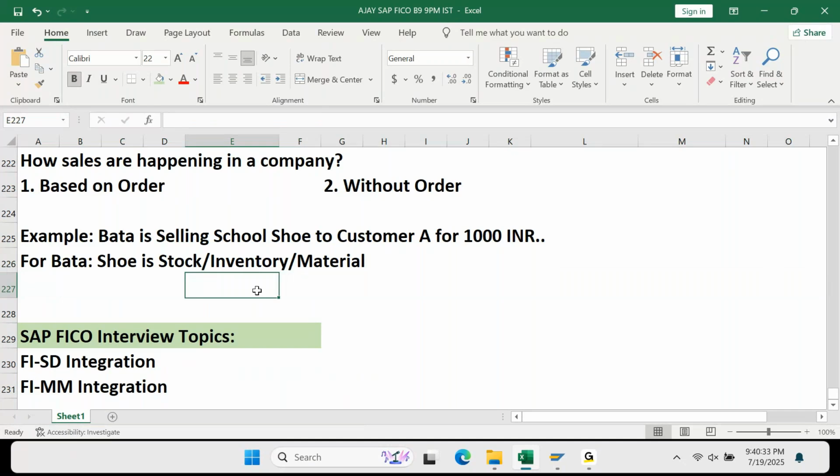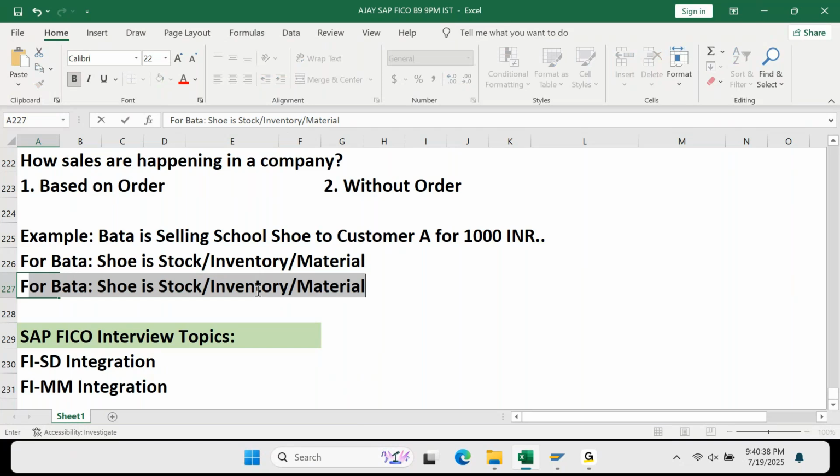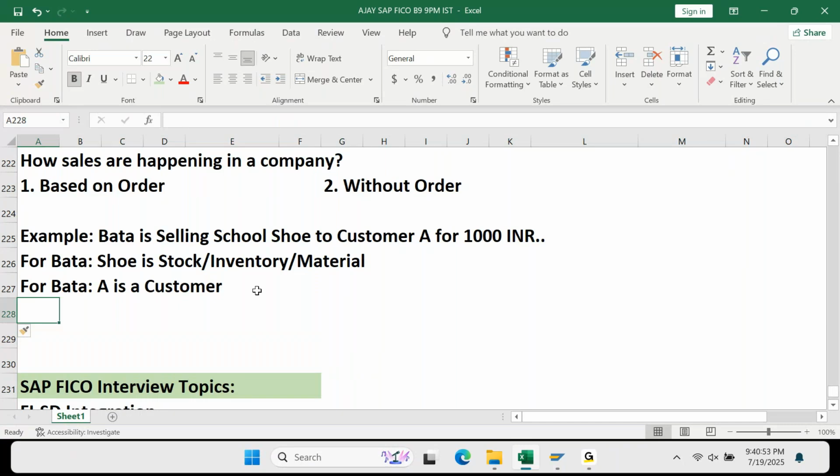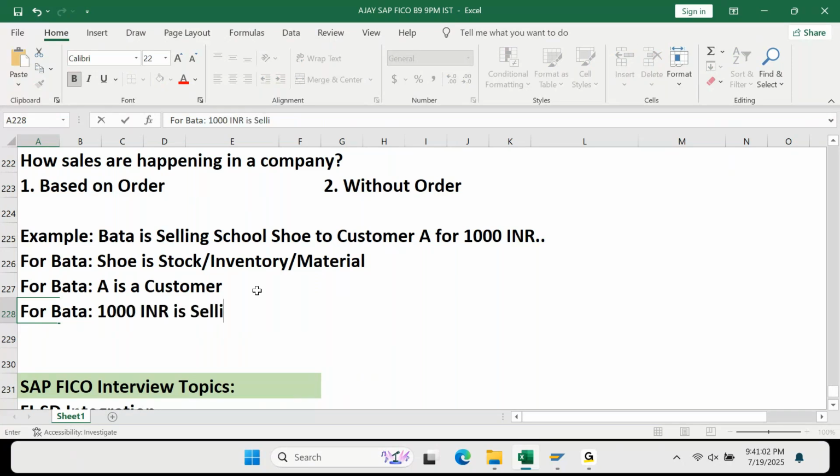For Bata, this is what we need to understand. Similarly, for Bata, A is a customer. You can replace A with any name. Now, for Bata, 1000 INR is the selling price.